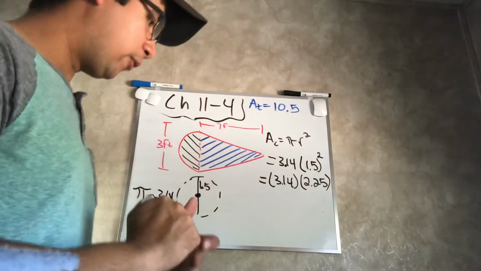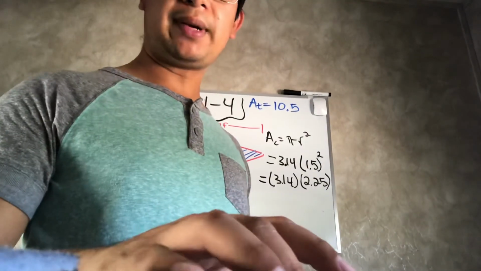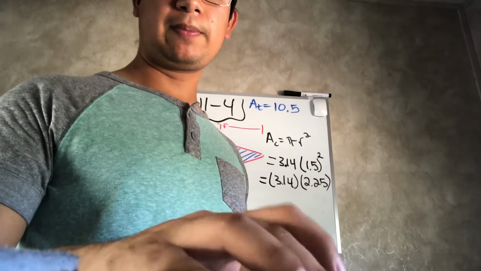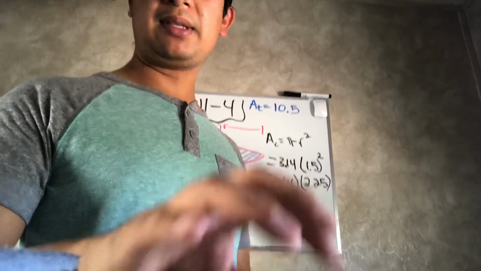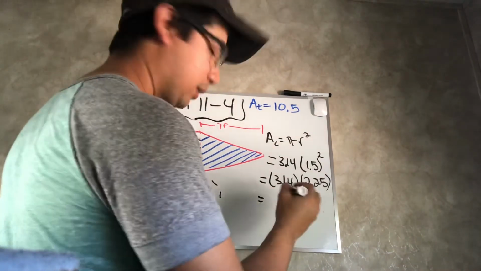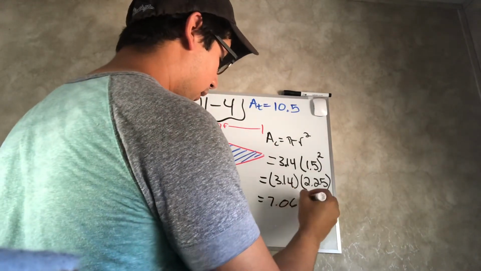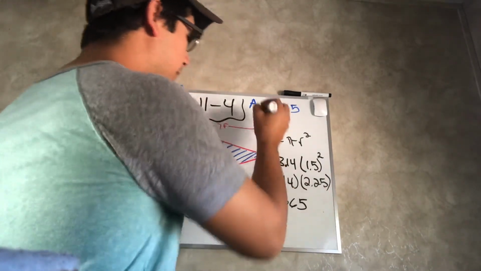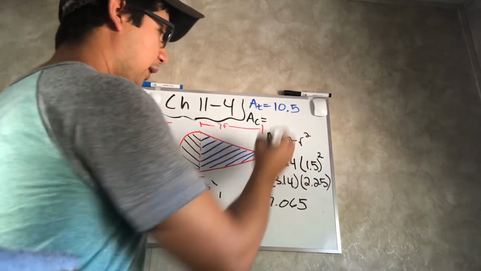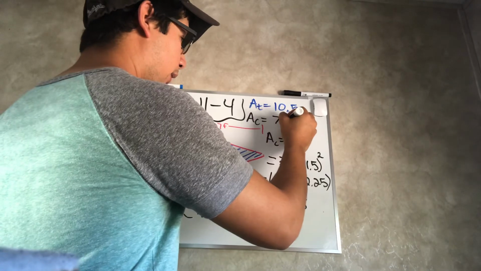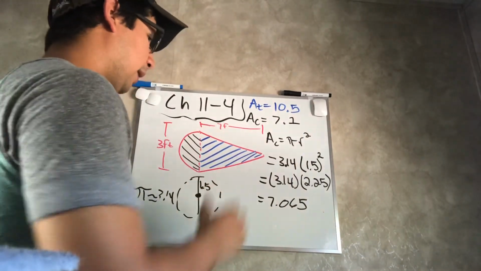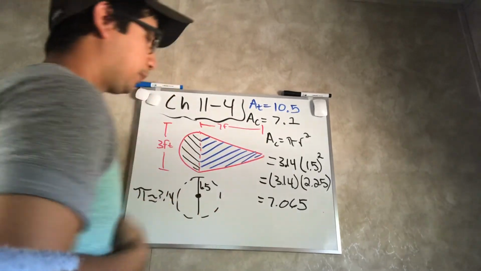That gives us 7.065. We're going to round that up. So the area of a circle is going to equal about 7.1.